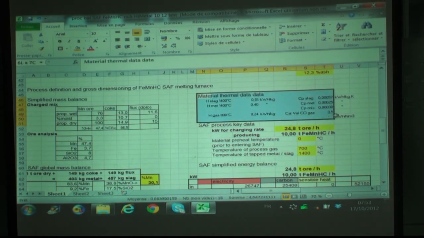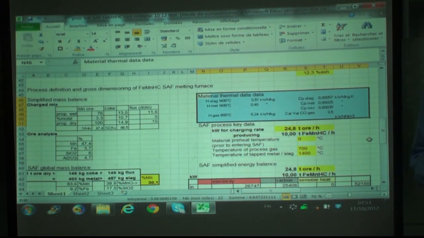These are the data for calculating sensible heat. Also here I have taken data from handbooks and translated it into the system kilowatt hour per kilo.